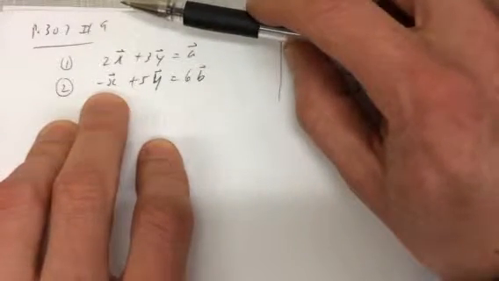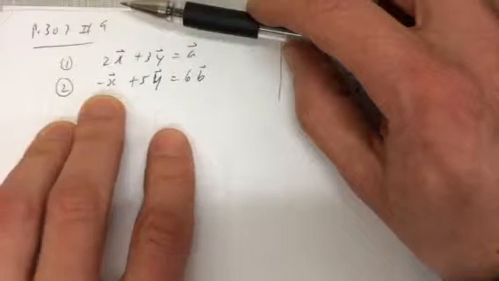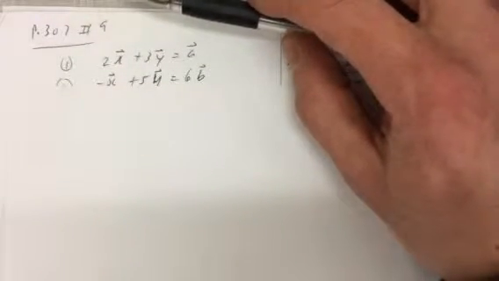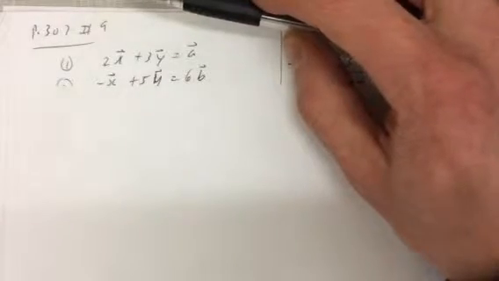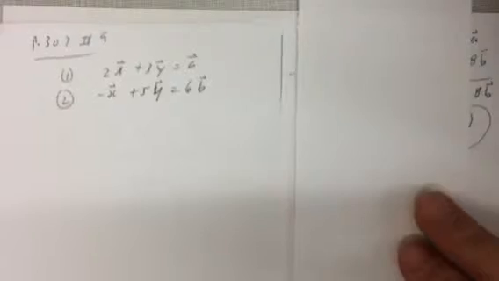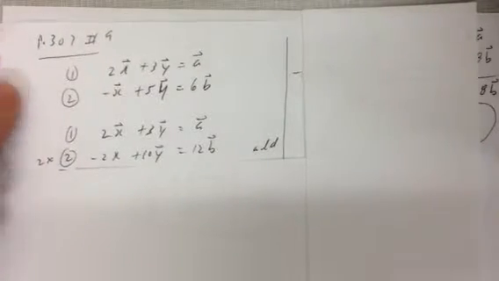If I multiply equation 2 by 2, then I add the two equations, I will have eliminated the x variable. So if I do that, okay, then I'll get this equation.